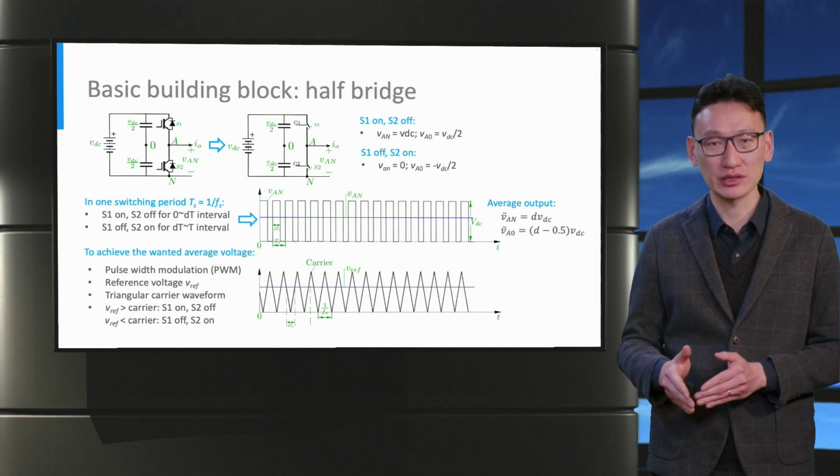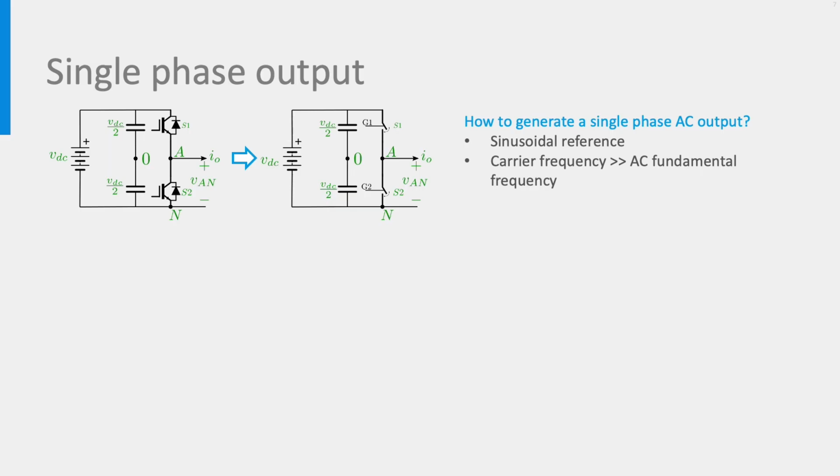voltage output. The previous slide shows the half bridge can be used as a converter to vary the DC output voltage, that is to say, a DC-DC converter. However, it is possible to be operated as a DC to AC converter or a single-phase inverter as well.